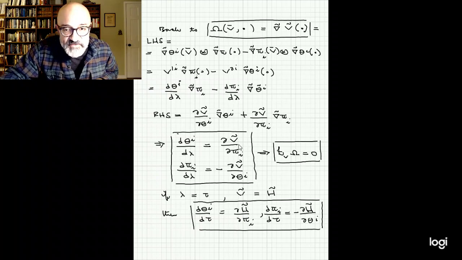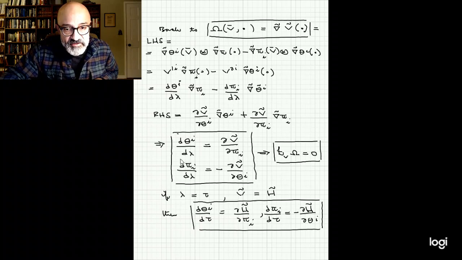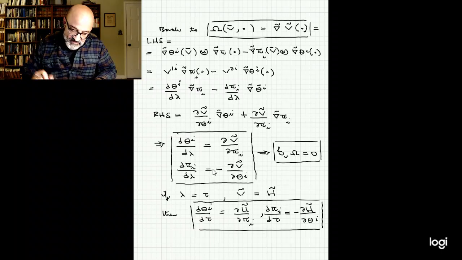The scalar functions v tilde are called the Hamiltonians. Here we have the components of a vector, right?